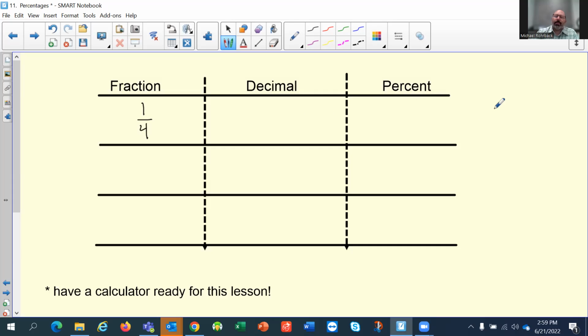A fraction is basically a bar with a number on top and a number on the bottom. And yes, that looks exactly like the sign for division. What's happening with 1/4, another way to say that is 1 divided by 4.